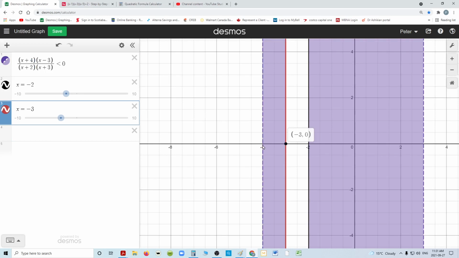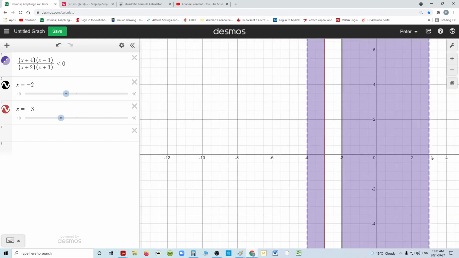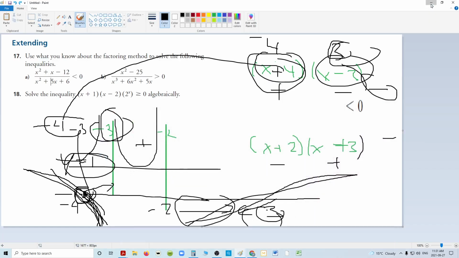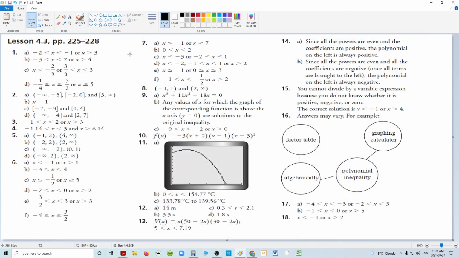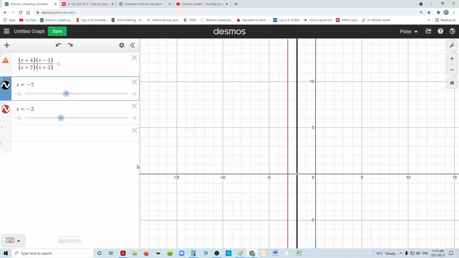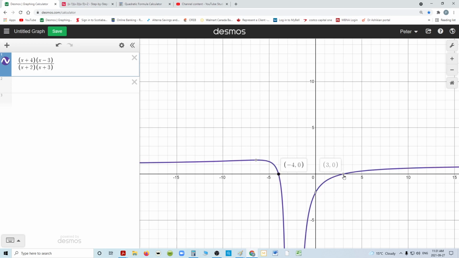The graph is below 0 between the -4, and it's below 0 between the 3 over here and -2, which is exactly what I said. If you just want to see the graph, though, here it is. I'll get rid of the x-intercepts. And you can clearly see where the graph is below 0.